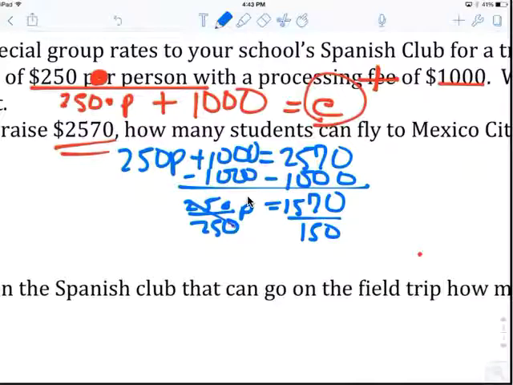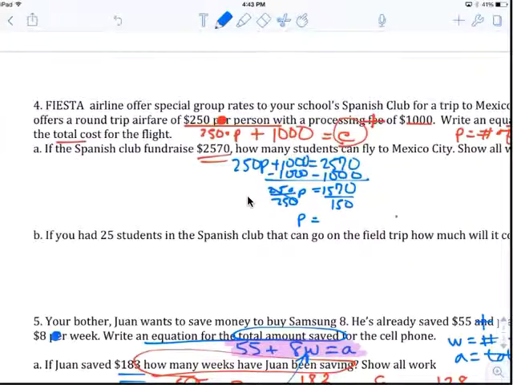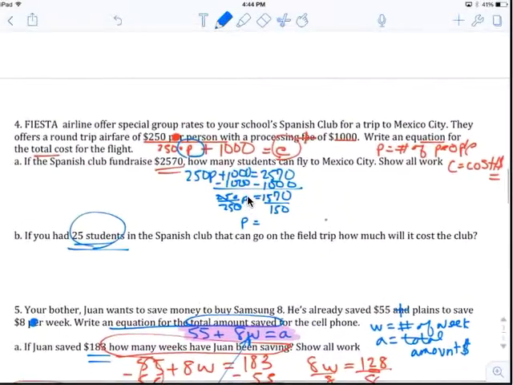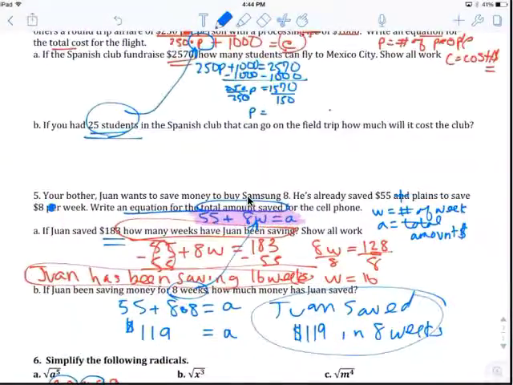I think you come up with 6 people or something like that. Okay? So, or if it's a decimal, 6 point something, only 6 people can go. If 25 students, okay, P is the number of people, 25 students is P, so you put it in there and solve it. That's how you do these.